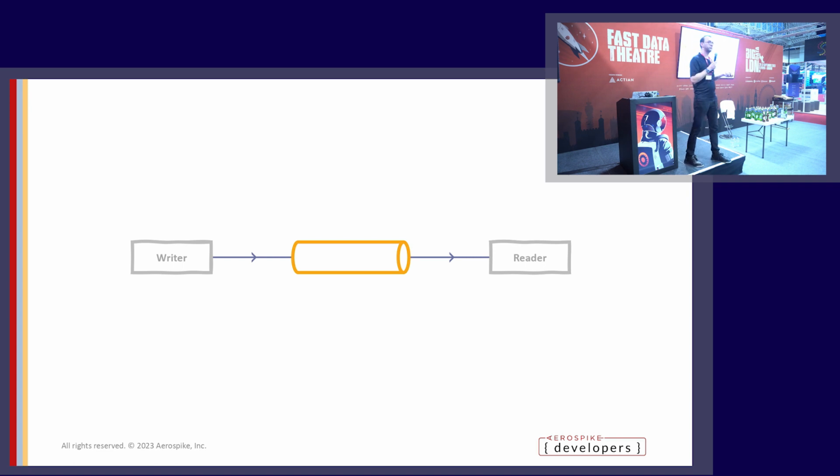Sounds very different to databases, but it is actually not that different. If you just invert that pipe a little bit, it becomes kind of like a database. We just inverted that cylinder and called it writer and reader instead of producers and consumers. It's almost the same, but in reality they are slightly different.